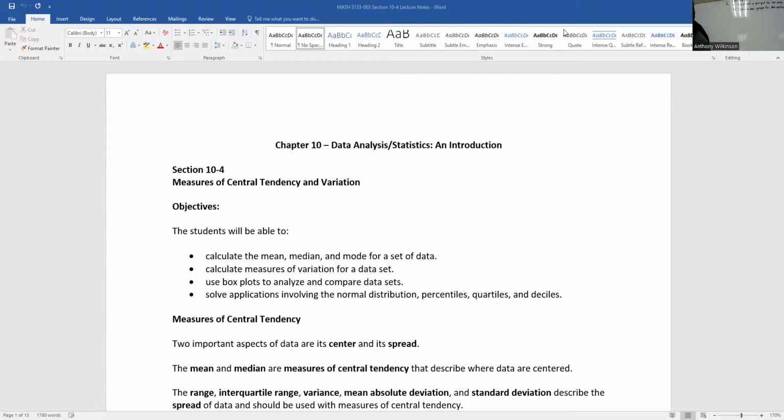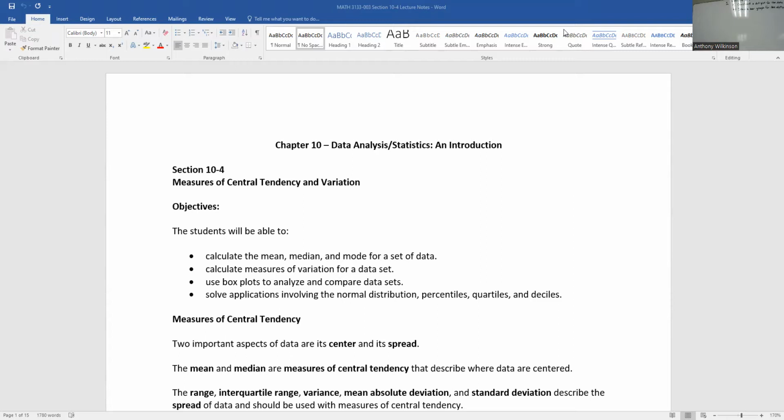So section 10.4 deals with measures of central tendency and variation. So what we'll look at is how to calculate things like the mean, median, and mode for a set of data. And then we'll calculate measures of variation for a data set.